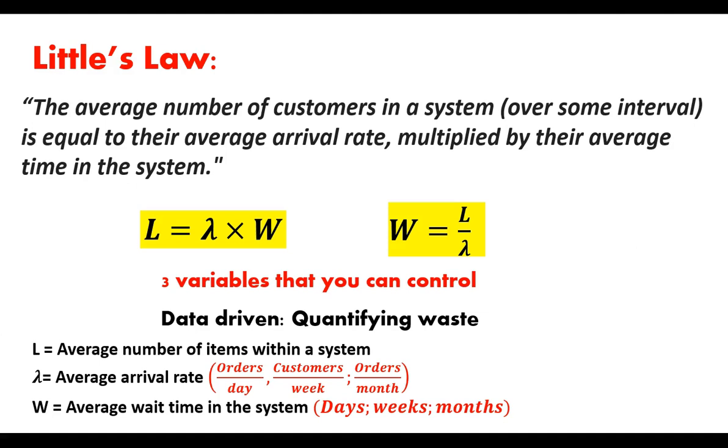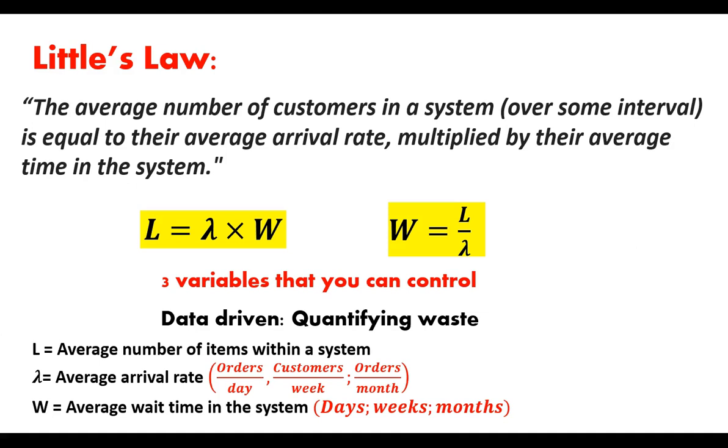Using Little's law, you can decide, okay, are parts sitting on my plant floor way too long? And if so, what can I do about it? I can look at the average number of items I have in the system, or at how fast I'm allowing parts to show up in the system. Somehow I've got to be able to calculate and change, or maybe not change, that wait time.